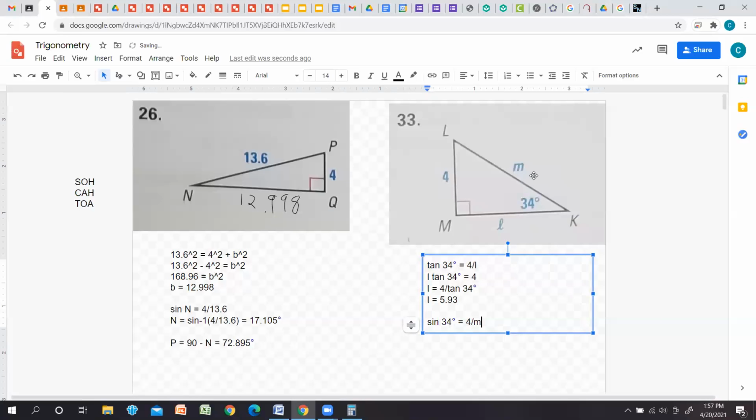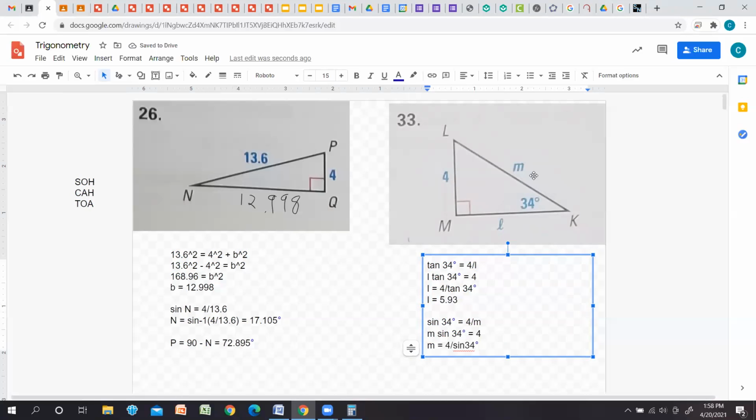Hypotenuse is M. Again, multiply by M to get the function. Sine of 34 degrees equals 4. And we solve for M by dividing by sine of 34 degrees. So M equals 4 divided by sine of 34 degrees.